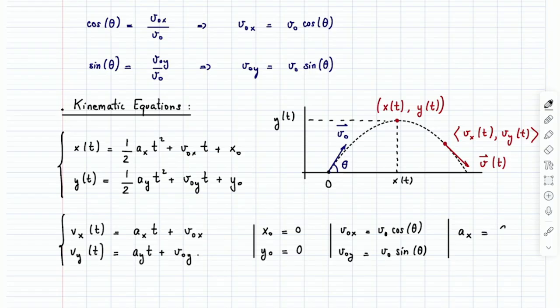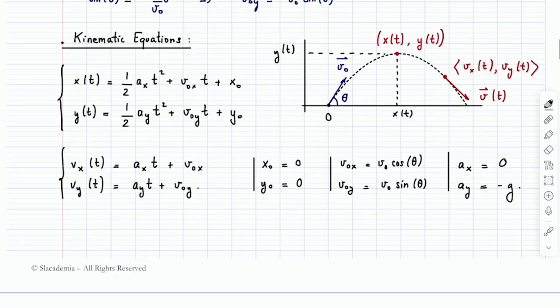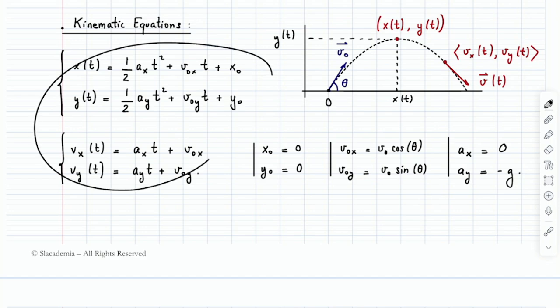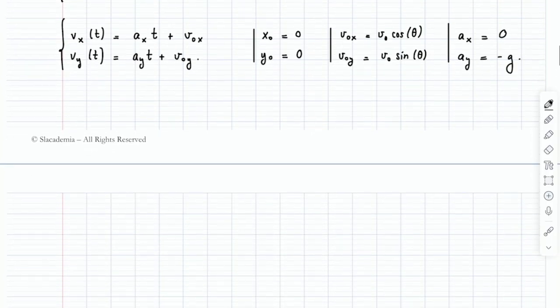So this is ax is 0 and ay is negative g. And now I know everything. I know everything I need to establish the kinematic equations that will describe the motion of this projectile as it moves through the air. So if I sub all of this into these 4 equations, I'm going to get the following. I'm going to write them down here.